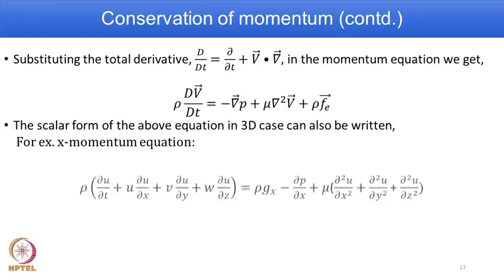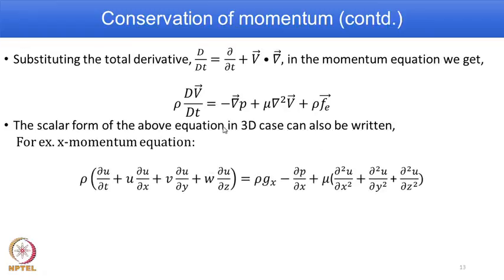So for example, we know the three dimensional representation, a detailed expression of the same momentum equation, for the x momentum equation. We know the velocity component along x is u, so dou u by dou t plus u into dou u by dou x plus v into dou u by dou y plus w into dou u by dou z, and this corresponds to the expansion of the material derivative D by Dt of v on the left hand side.